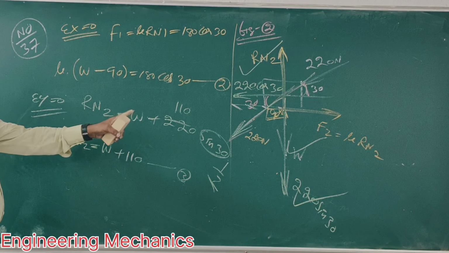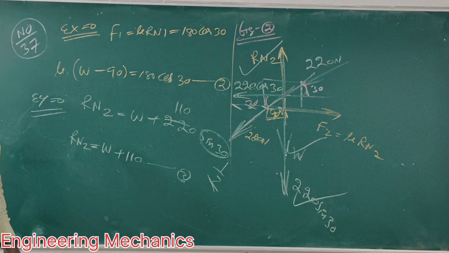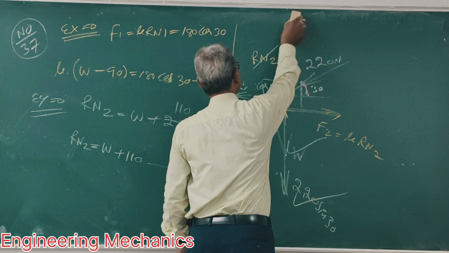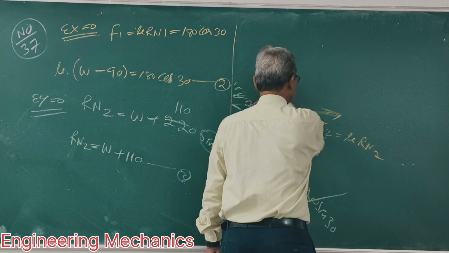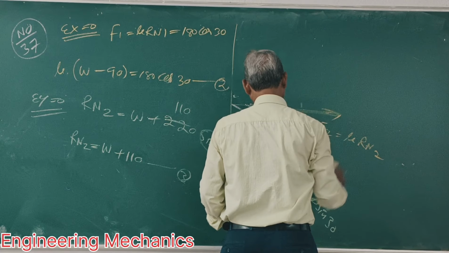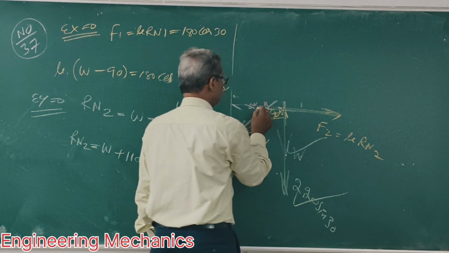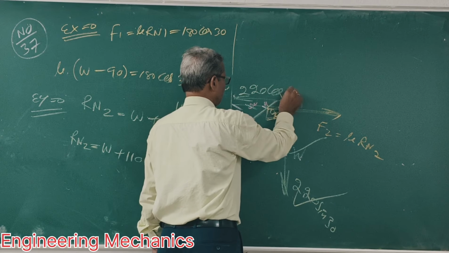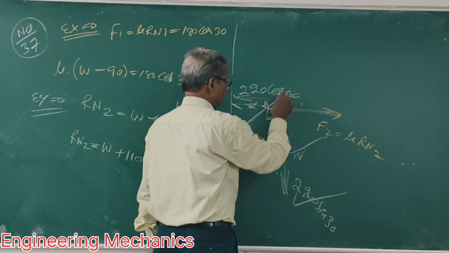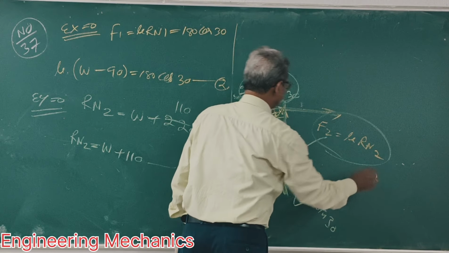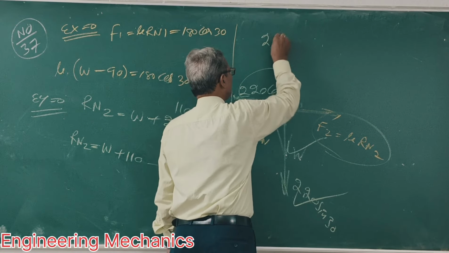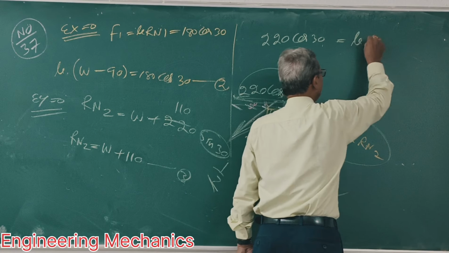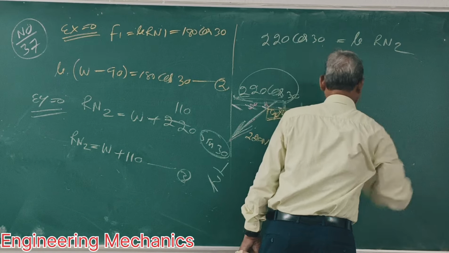Now make sigma x equal to 0. What is sigma x? 220 cos 30 is equal to the friction force, mu Rn2.